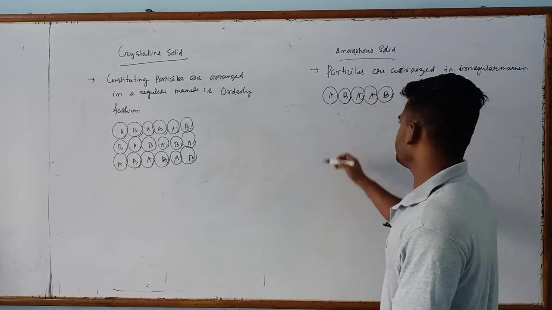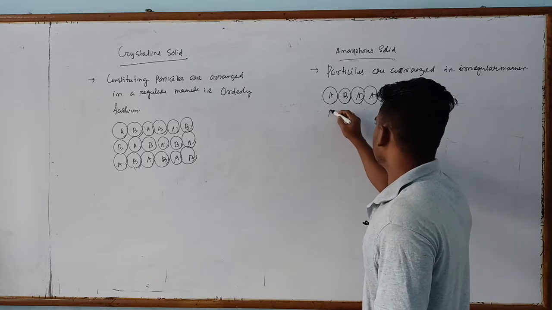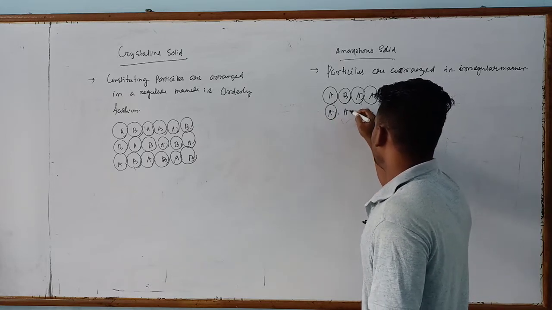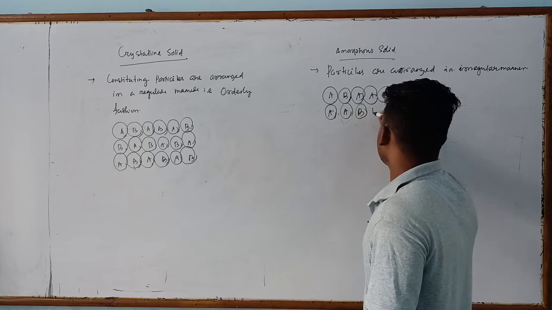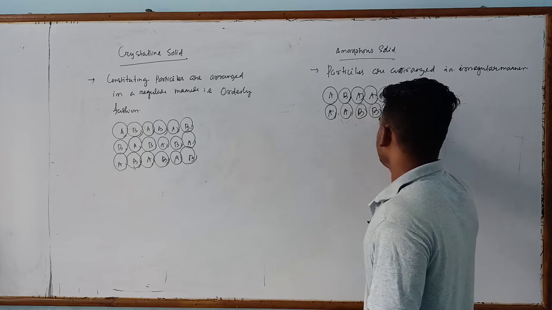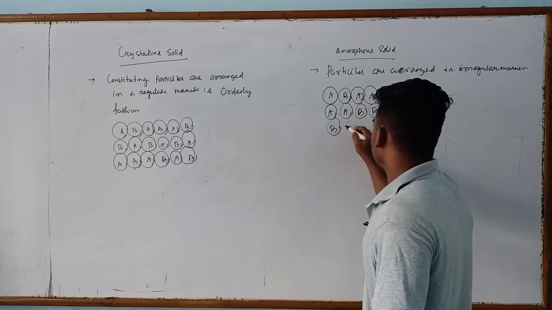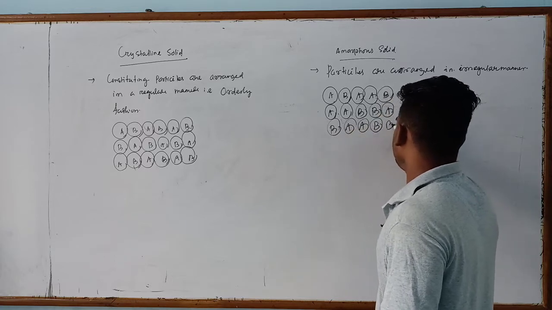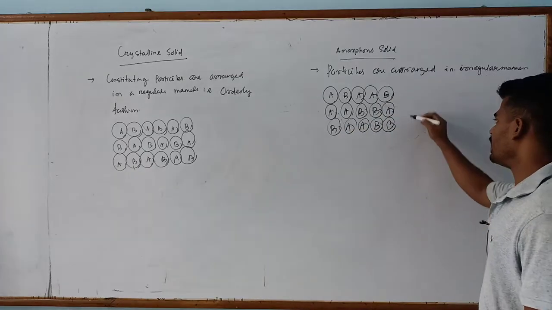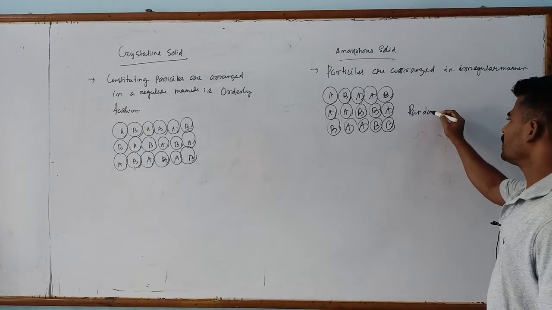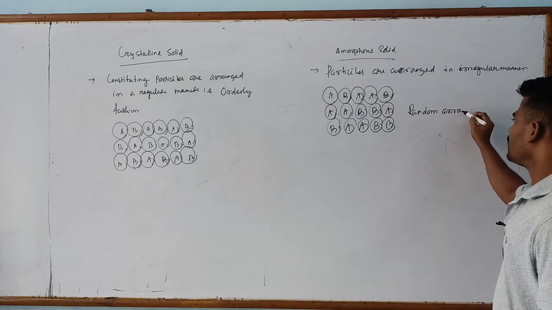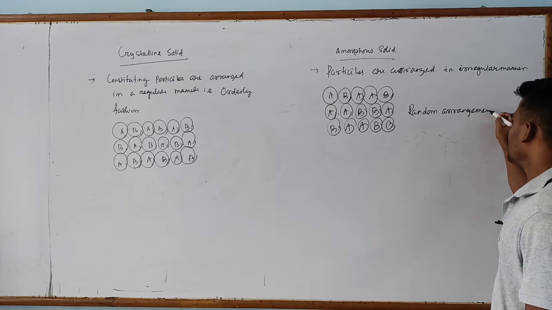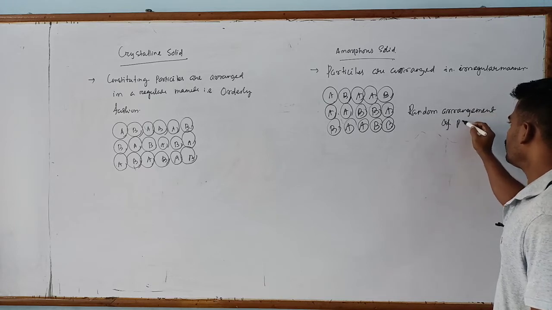Let's say here A, B, B, A, B, A, B, B. So the arrangement is a random arrangement of particles.